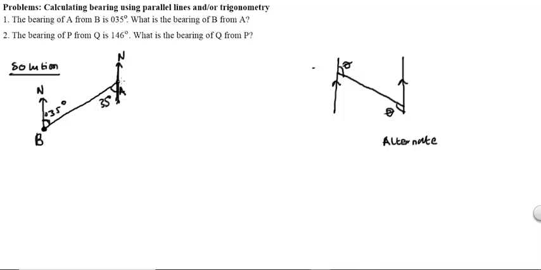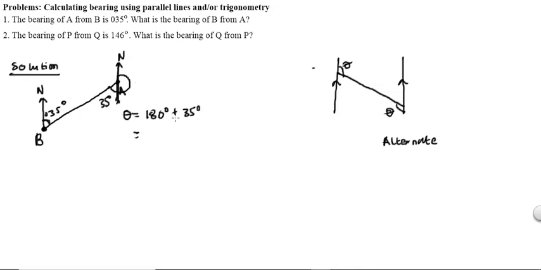Now, since we know the angle here, we can easily tell the angle on this straight line. The angle on this straight line is simply 180 degrees. So to get the total angle from the north to this point, to enable us get the bearing of B from A, we can call the angle theta. So let's say the angle is theta, and this is 180 degrees plus 35 degrees.